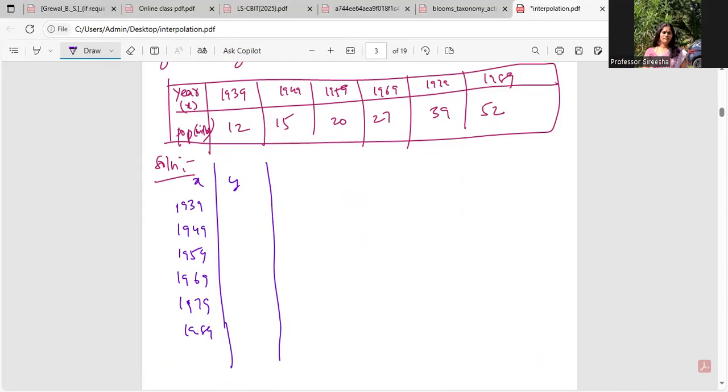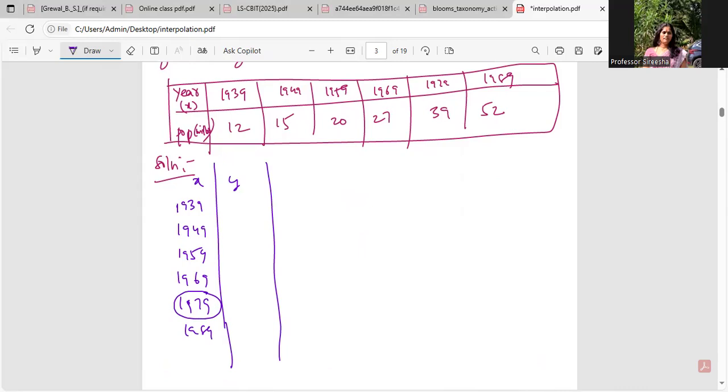At 1974, where do I start my interpolation? Backward formula he has asked, so I'll be taking this value.